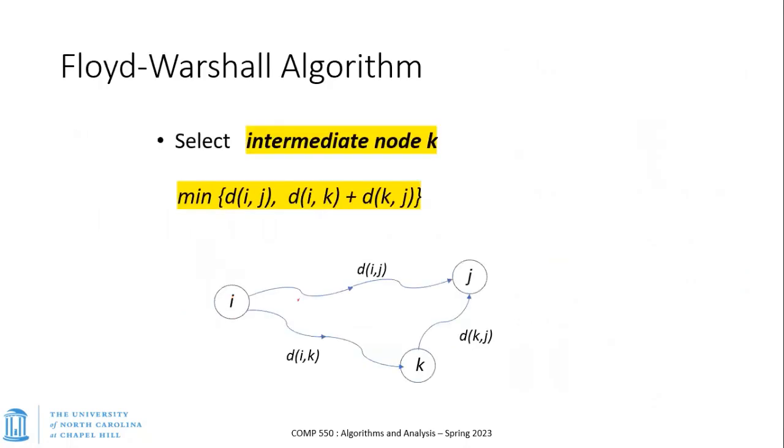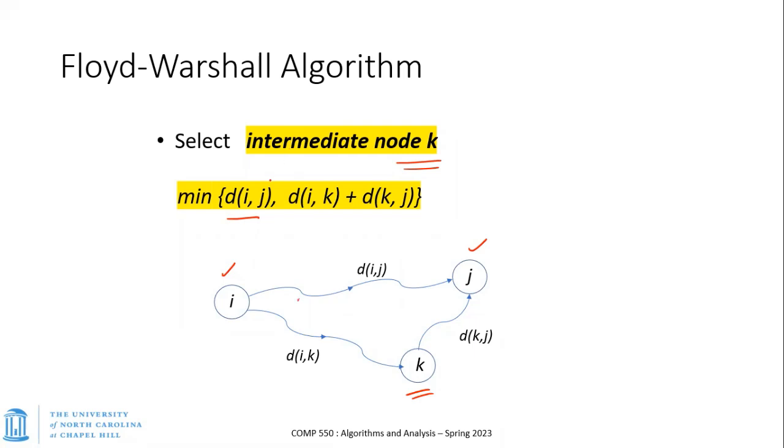Now let's go to the basic concept in the algorithm. We're going to select an intermediate node, k. Initially, let's assume that you have the distances defined between i and j, and you know them. Initially they are direct edges, but at some point those are going to comprise paths. If you know the distance dij, you're going to try to improve that by comparing it with an intermediate vertex, some intermediate node k.